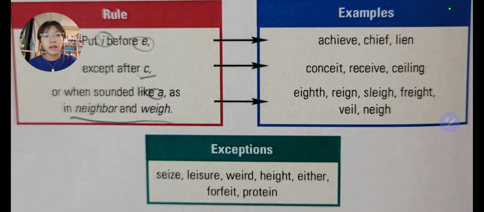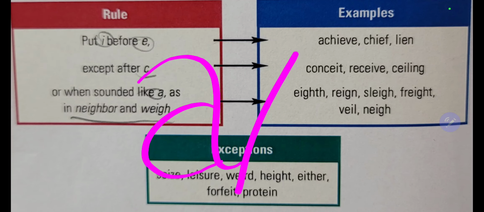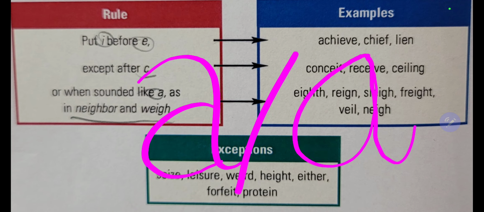You can also put E before I when the E, I, or IE sounds a lot like A, as in neighbor and weigh. Let's use the word eighth. For eighth, there is the A sound in the beginning, so you will have to use the EI. Now, what about rain?